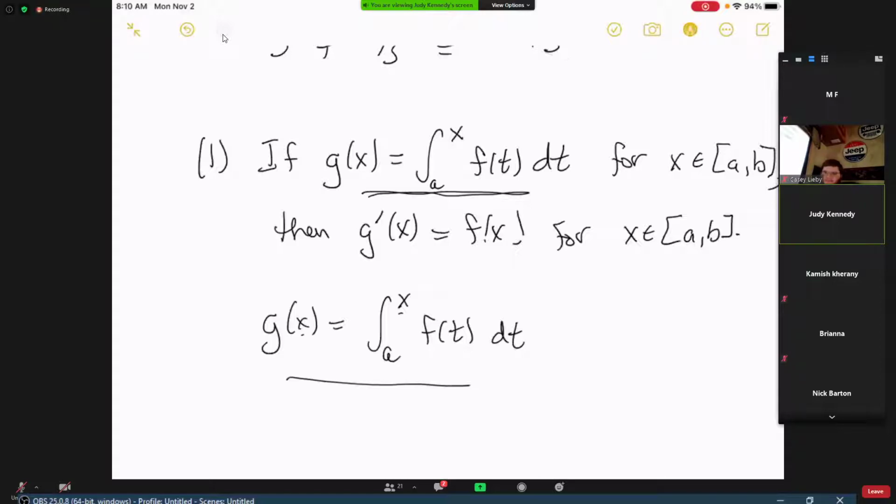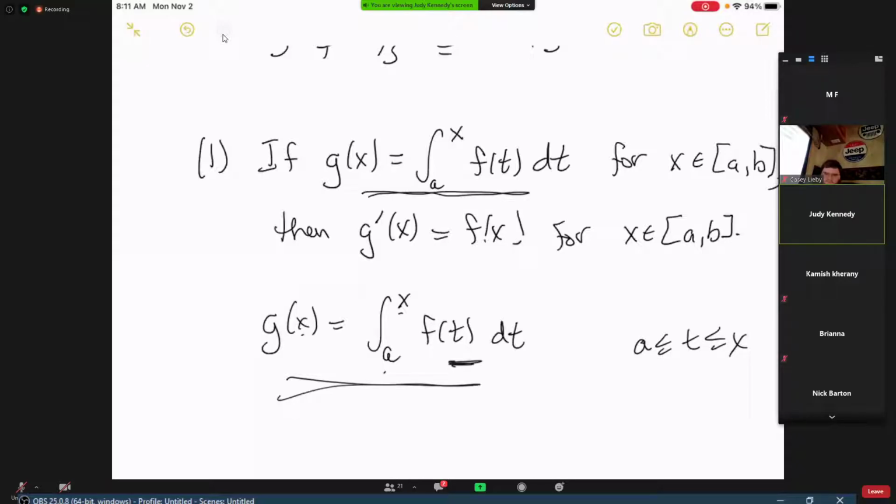Okay, let me show you an example of this. Yeah, the variable for G as an endpoint for this definite integral. Okay, t represents all the numbers between a and x.